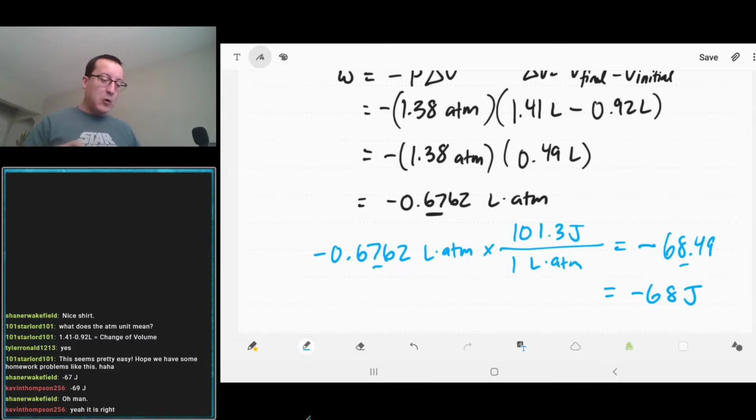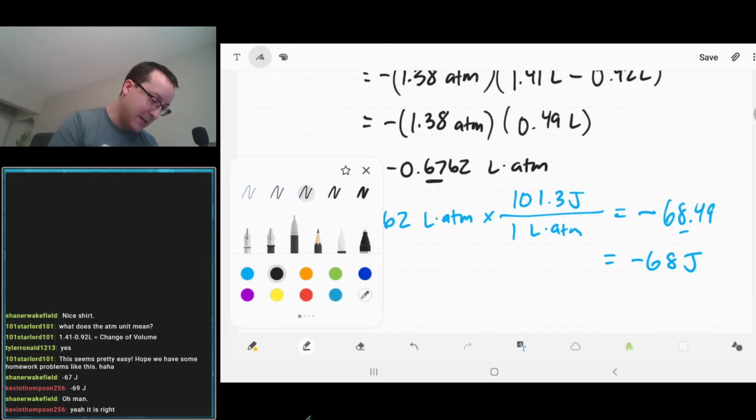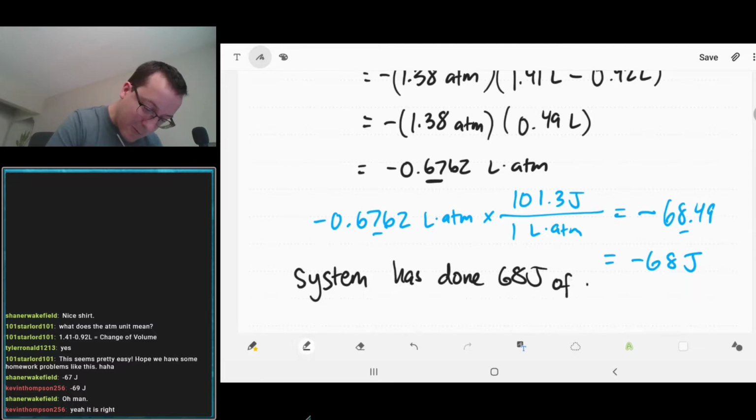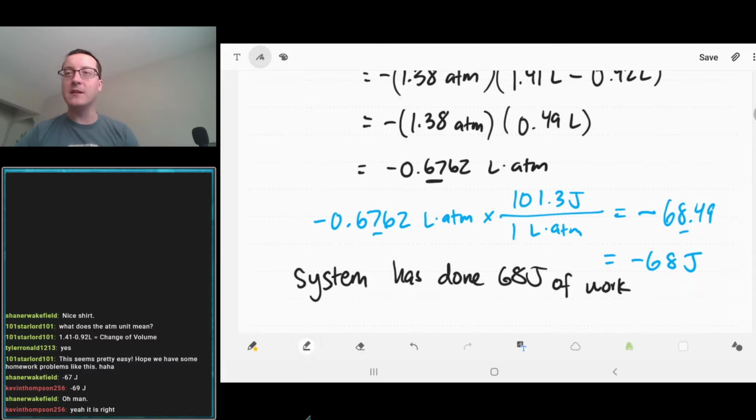So cool. Notice work is negative here, right? So that tells us, in words, that the system has done 68 joules of work to move that piston, to increase the volume. Okay, so that's what that negative sign means.